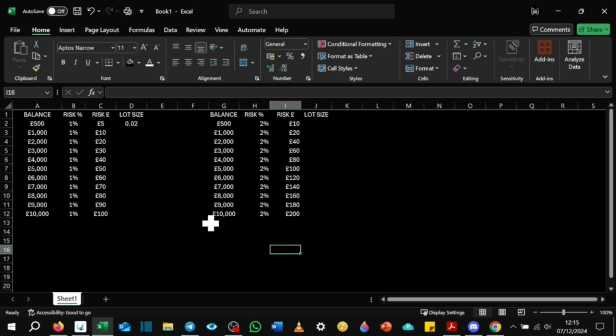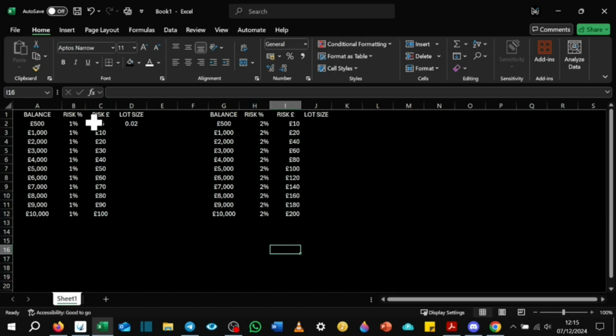So this is why it's important that you use the same percentage risk and the lot size it's telling you to use per the market that you're trading, and then that's how you're seeing your account grow steadily correctly for all the markets that you're trading.